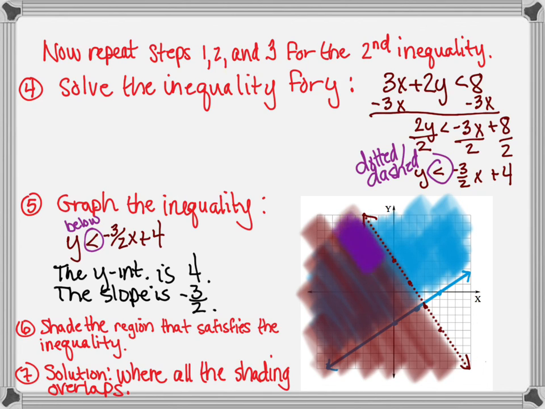So for us, that is in this sector over here. And ours is unbounded, so it does keep going in the up and left direction forever. There are times when we have a bounded section where it's bound off by another line, whether solid or dashed or dotted. But here is our solution.